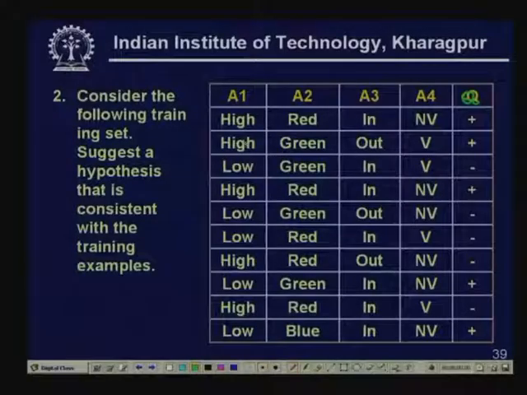So, here again we have 10 training examples. Example 1, A1 is high, A2 is red, A3 is in, A4 is NV and classification is positive.